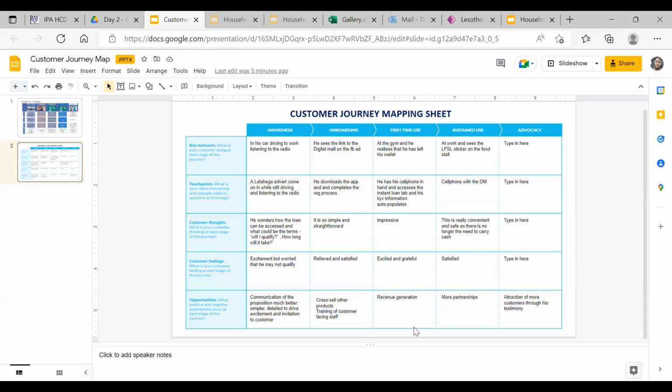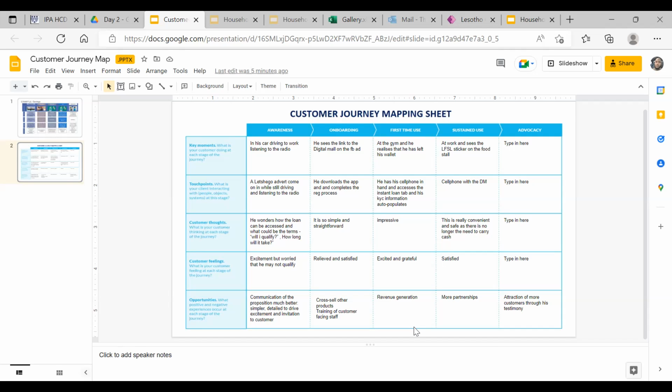Now, with sustained use, they have utilized the product once, and while at work during their lunch break, they see a Letshego sticker on the food store, and instantly remember that they now have a Letshego digital mall.